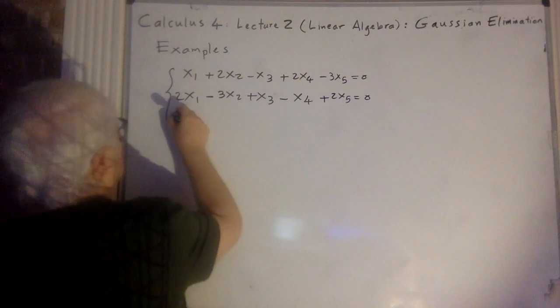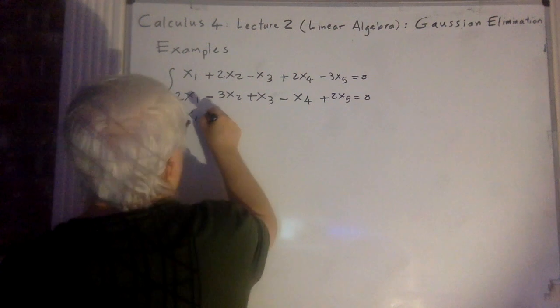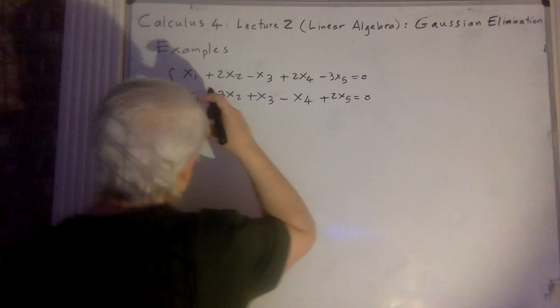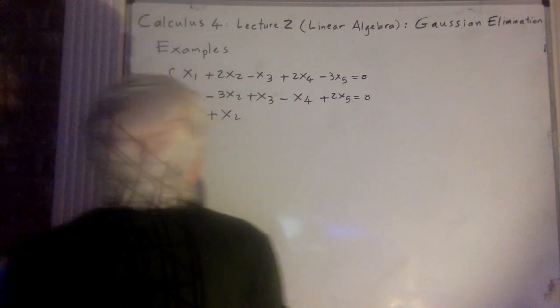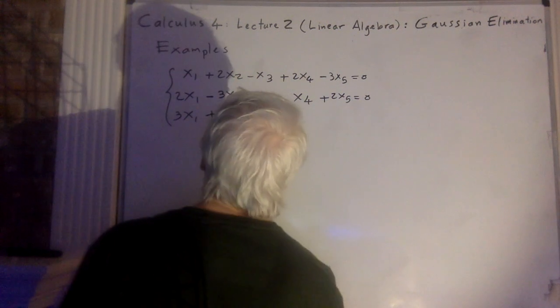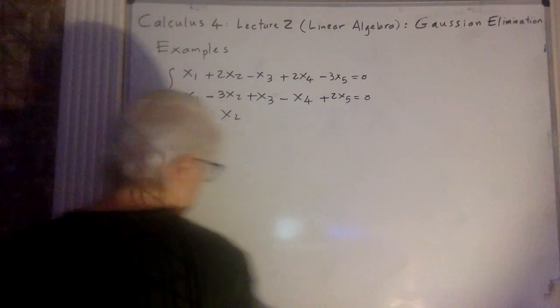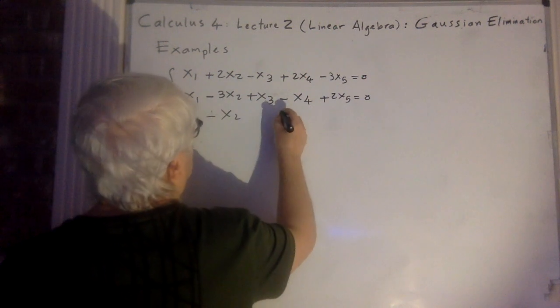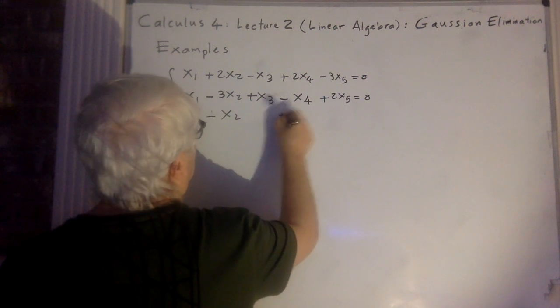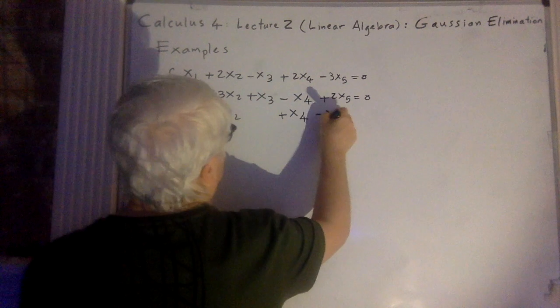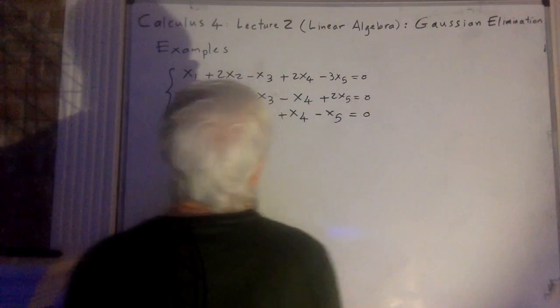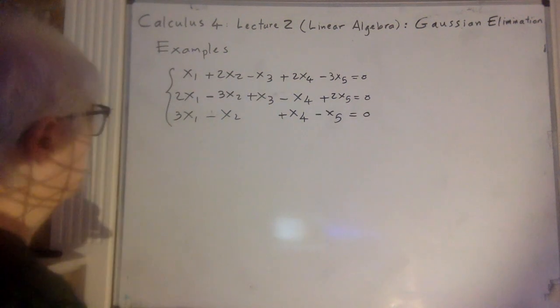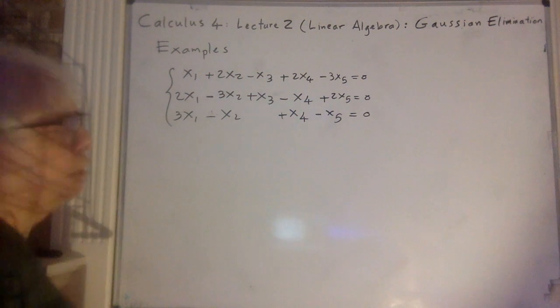And the last one will be 3x1 minus x2 plus x4 minus x5 is 0. So there is no x3 here, which means that it's like 0 times x3.